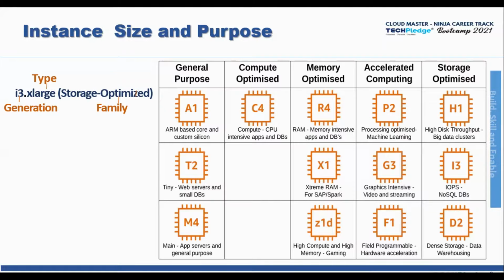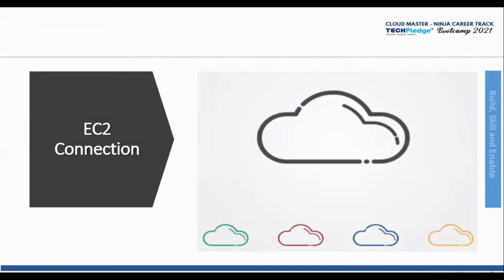So some regions are for some instances and sizes. For highly compute and highly memory for gaming, it is also available for dedicated hosts, only with 3 year reservation. So there are different types and availabilities as per instance size and purpose. Let's take a break over here.